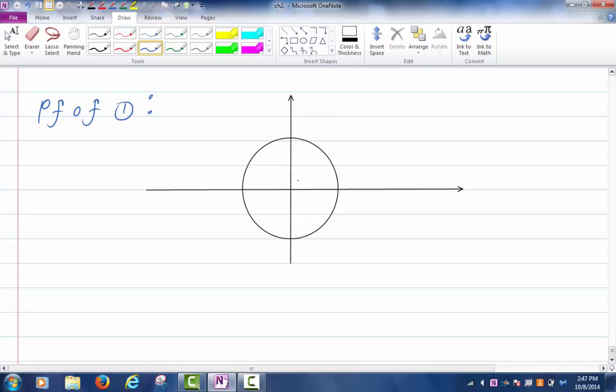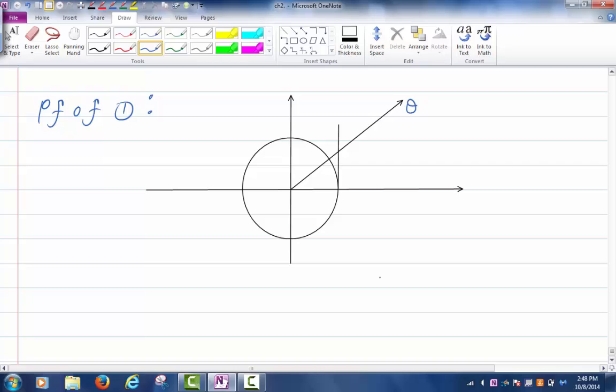If theta is close to 0, positive or negative, the terminal side will be either in the first quadrant or the fourth quadrant, right? So assume that theta is positive. Then the angle would look like this. That's the terminal side of the angle theta. And once I have that, I am going to make a vertical line here.